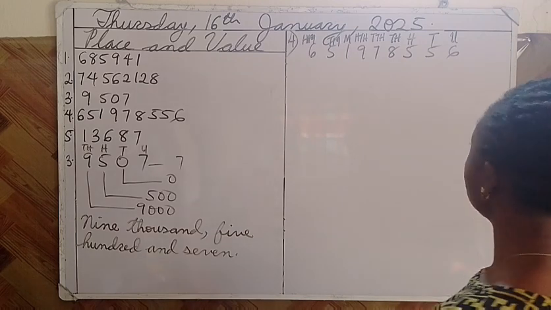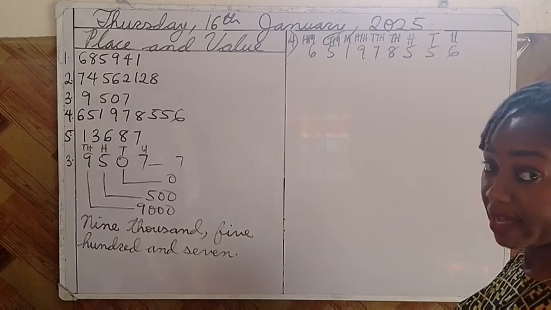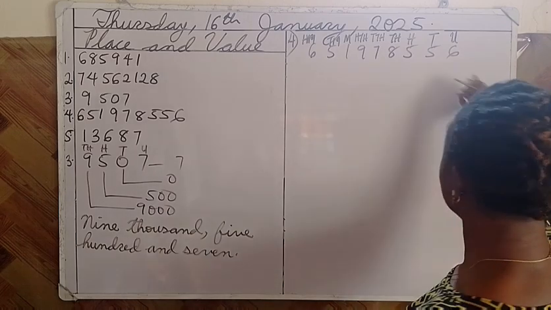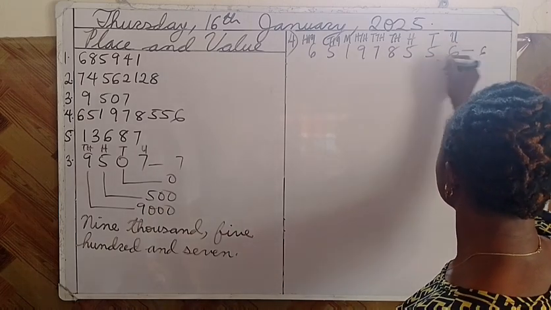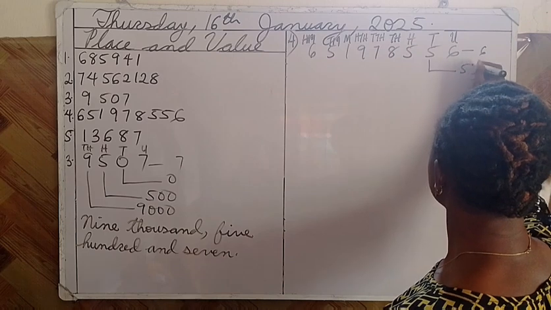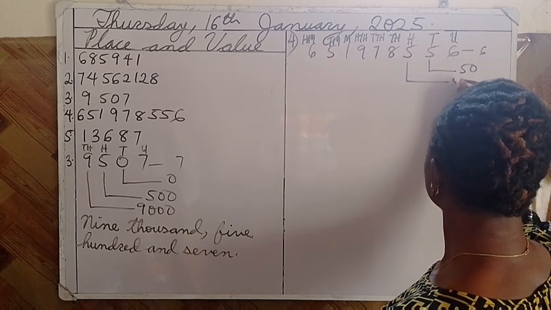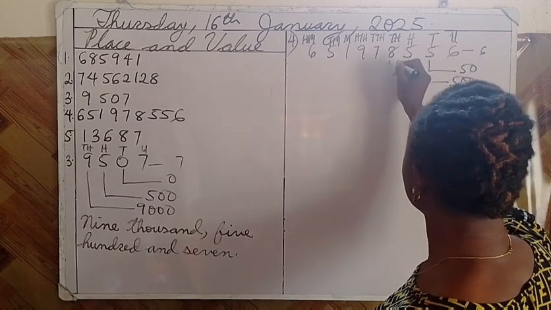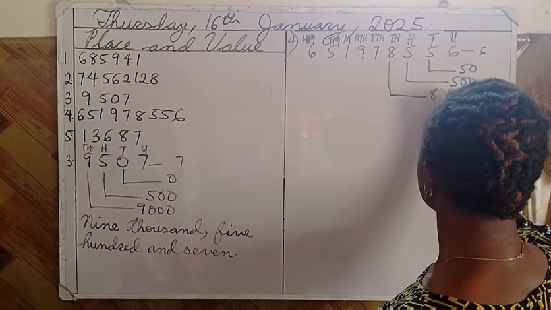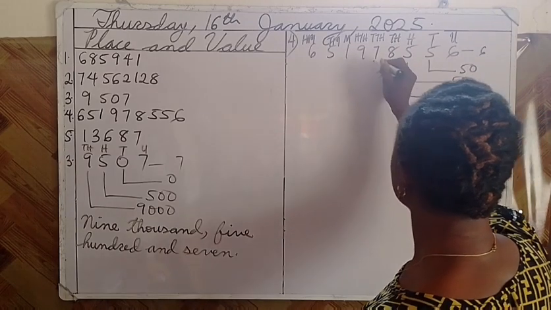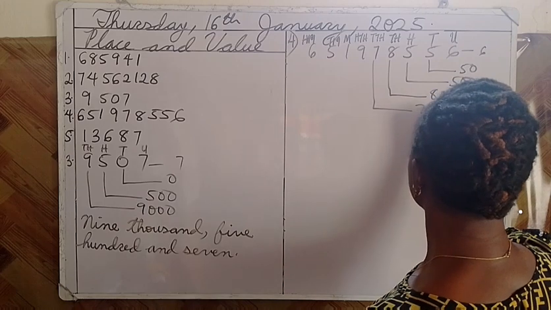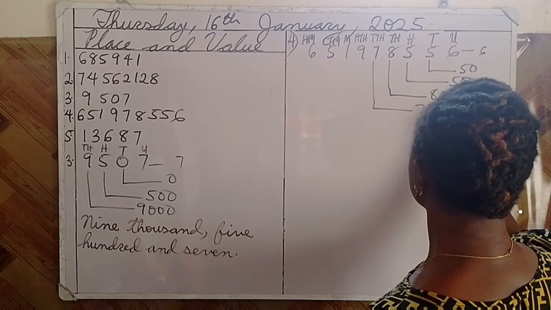Right? Now we're going to write the value for each of these numbers. The value of 6 is 6, 5 is 50, 5 again is 500. The value of 8 here is 8,000. Value of 7, 70,000.